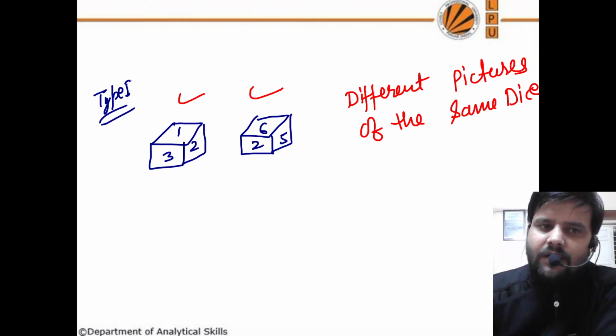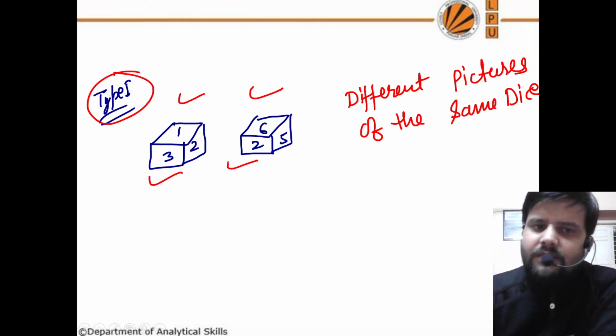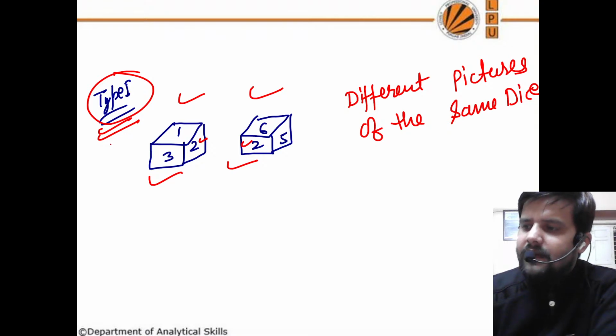Now type 1 is, observe these two images. If you observe these two images, what are you observing? You are observing that 2 is common to both, isn't it? So when 2 is common to both, and the other two numbers are different in both the cases, this is category 1 of questions.